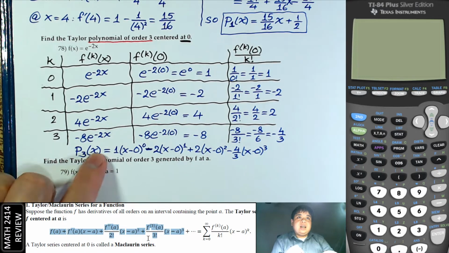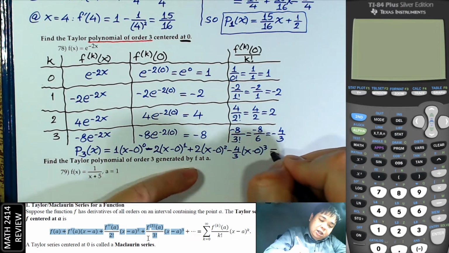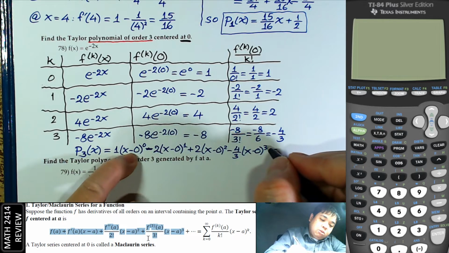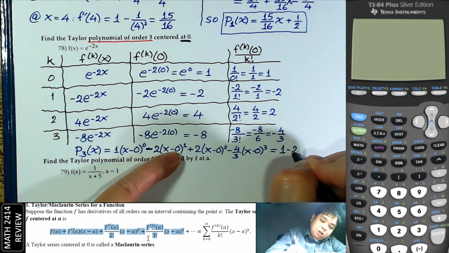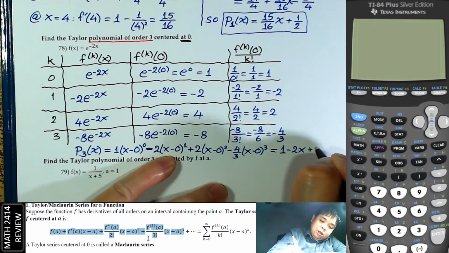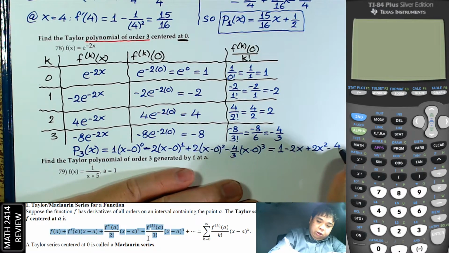Of course the center is 0, so we write that x minus 0. And this simplifies: x minus 0 is x, x to the 0 power is 1. So we have 1 minus 2x plus 2x squared minus 4 over 3 x cubed.